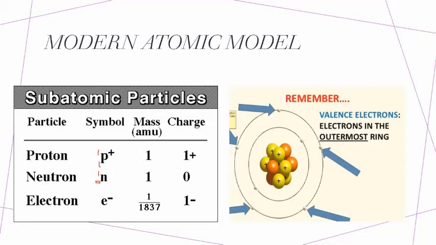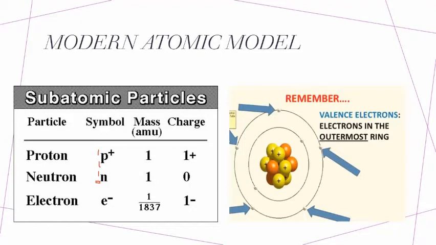Now the electron. The electron has a unit negative charge. The proton has a positive charge, the electron negative, and the neutron does not have any charge, it is 0. The electron's mass is 1 by 1837 times the mass of one atom of hydrogen. I have already mentioned that before, it is very important, so please remember it.